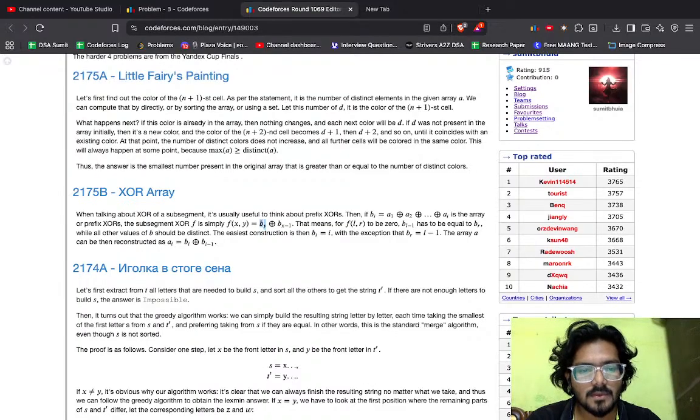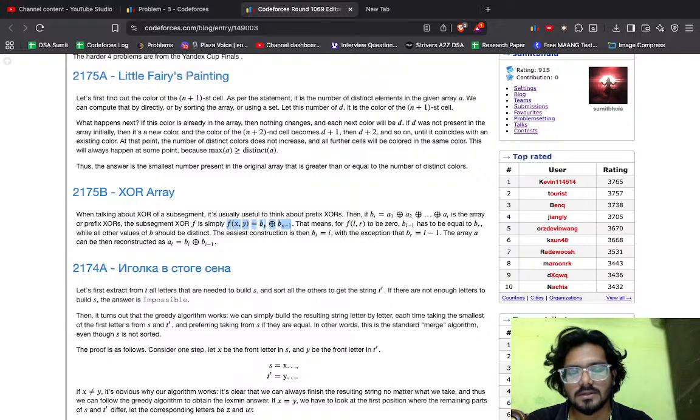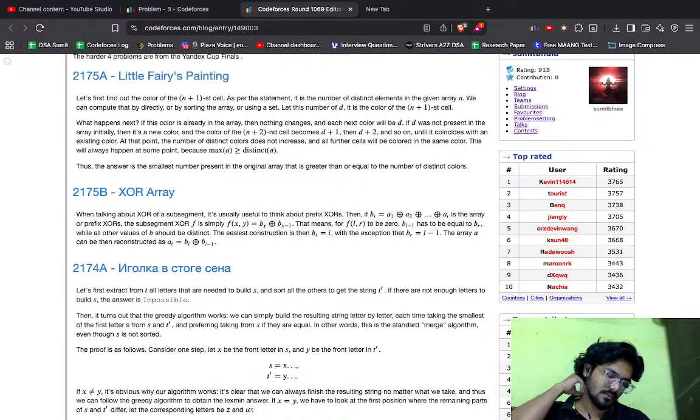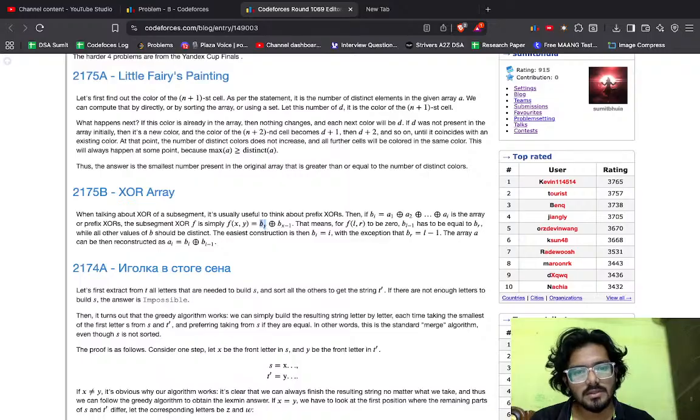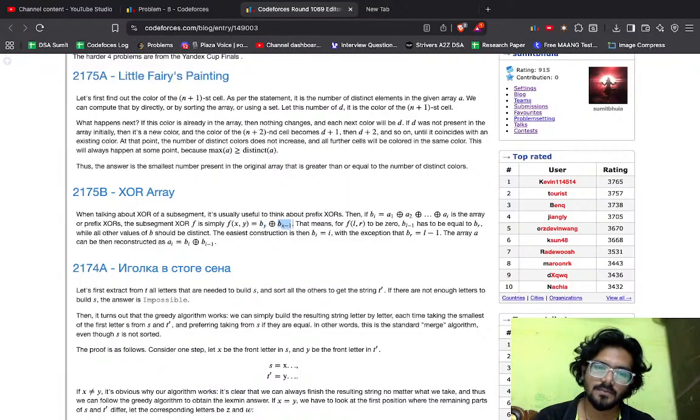This is a function that tells us how to get exactly the XOR of all the values between x and y. If you want the XOR of all the values between x and y to be 0, then this value should be exactly equal to this value.